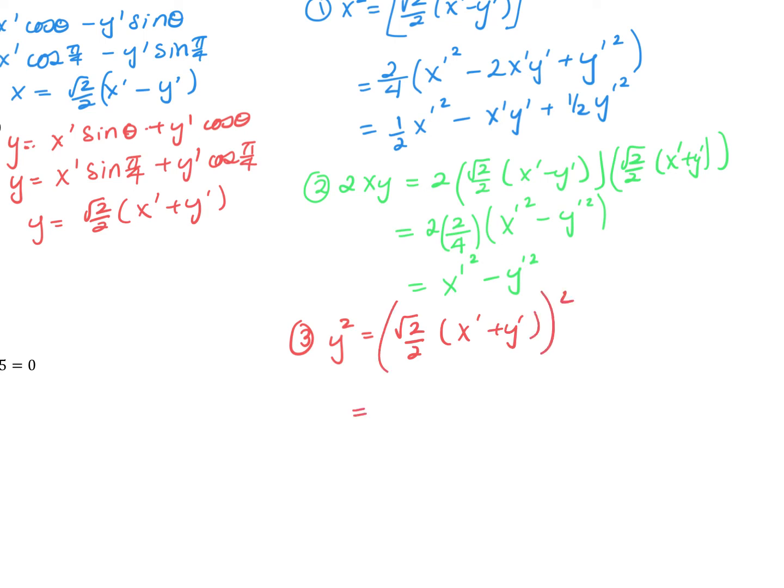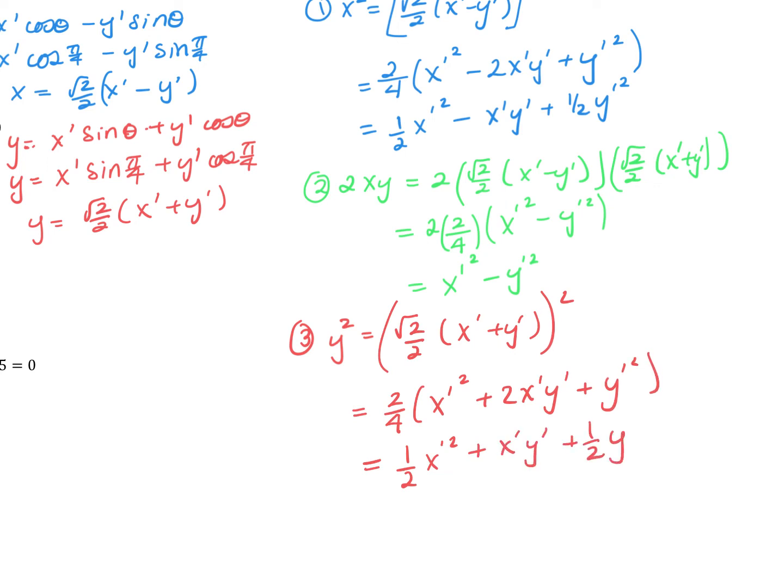Once again, this is a perfect square trinomial, and I'm going to square the square root of 2 and the 2, so I get 2 over 4. x prime squared plus 2x prime y prime plus y prime squared. Distributing that 1/2, I have 1/2 x prime squared plus x prime y prime plus 1/2 y prime squared.